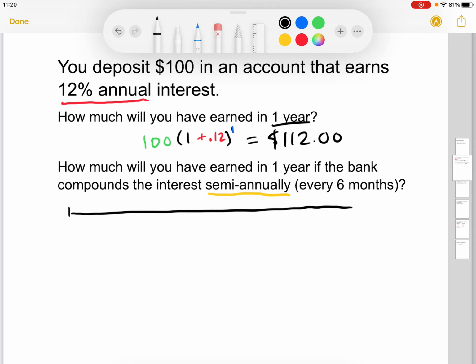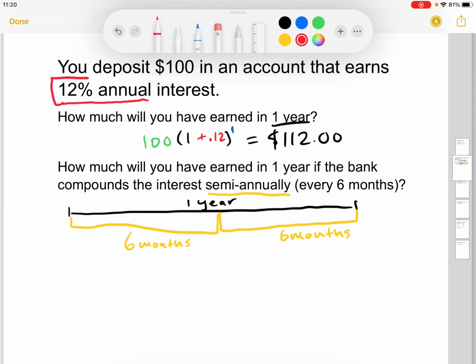So if we think about this as our 1 year, we're splitting this into 2 6-month periods. And each of these 6-month periods is going to get an equal part of our 12% annual rate. So in the first 6 months, we're going to get 6%.